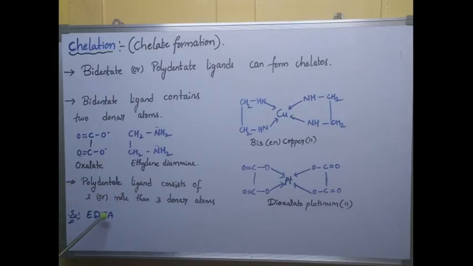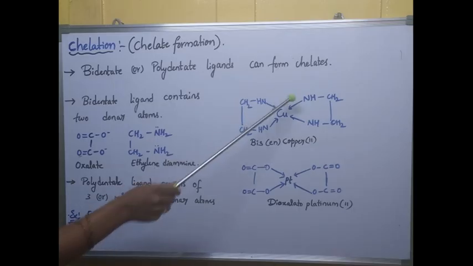The best example is diethylene triamine, where three nitrogens act as good donor atoms. Another is EDTA, ethylene diamine tetraacetate: two amines and four acetates, totally a hexadentate ligand. So 6 donor atoms are present in EDTA, and it is also called a hexadentate ligand.